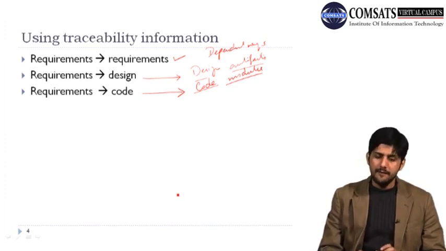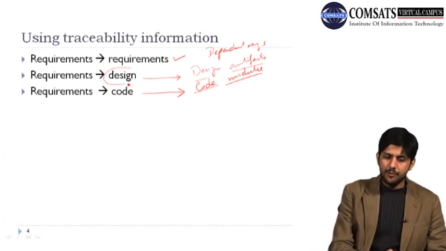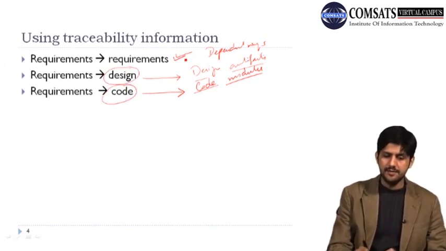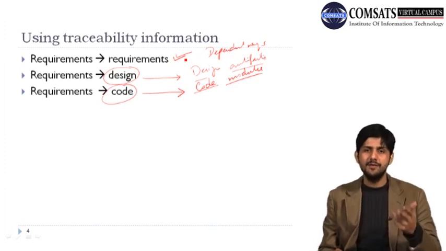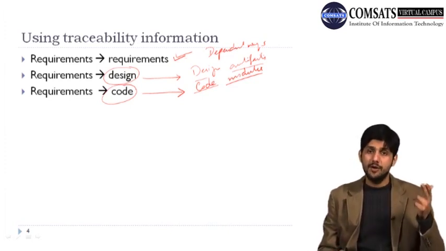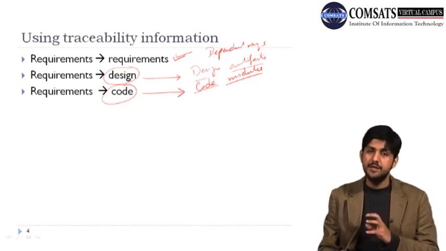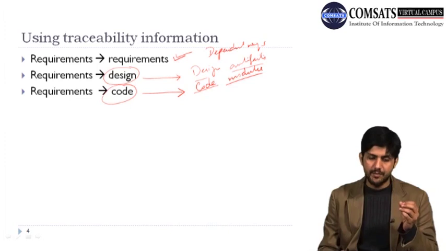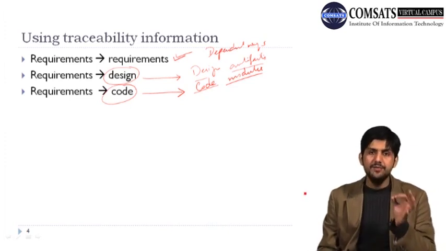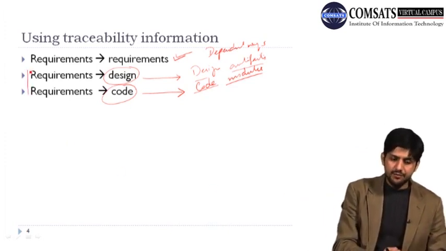Now, why do we need these two forms of traceability? Because one of the steps in our change costing and analysis process is identifying those dependent requirements, and requirement traceability is very effectively used to identify those dependent requirements. But why are we interested in knowing these two?